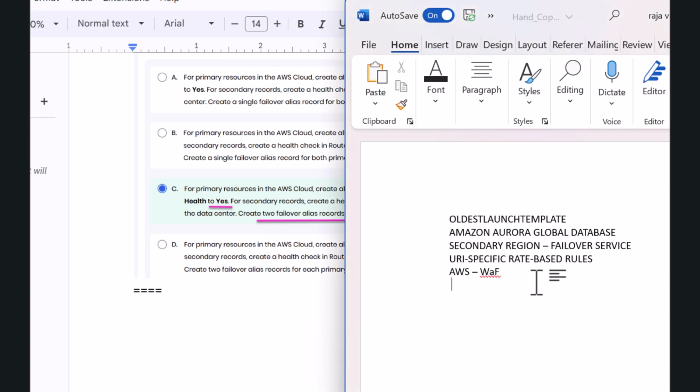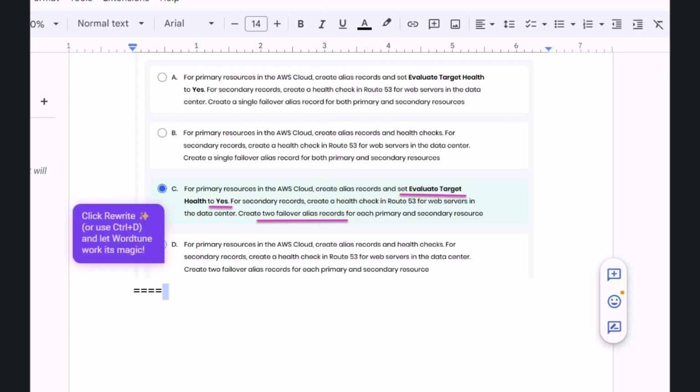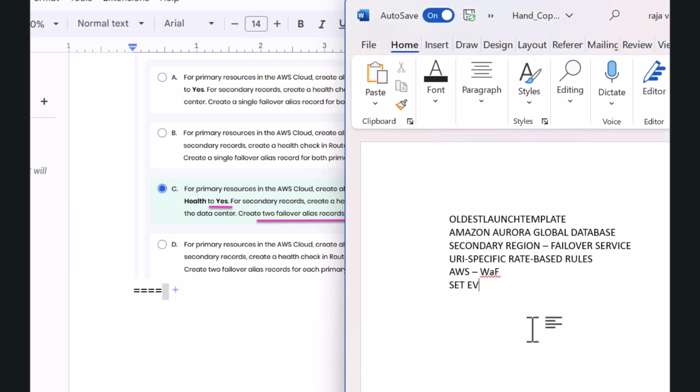So let's write it down. Set, what was it? Evaluate target health to yes. And the next one is create two failover, one for primary and one for secondary. Okay, that you have to remember.